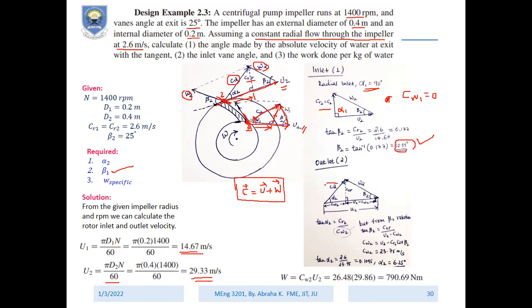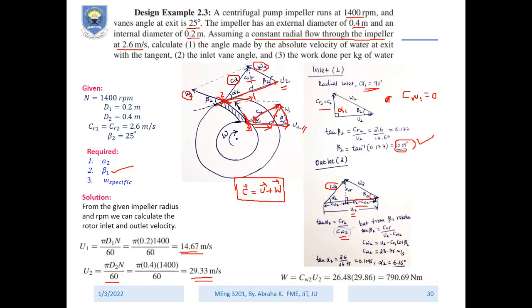We have resolved C2 into two components: this component of C2 is CW2 and the vertical is CR2, and the whole one is U2, and the remaining portion is U2 minus CW2. So tan alpha 2 can be related as CR2 divided by CW2, but we don't know the value of CW2.